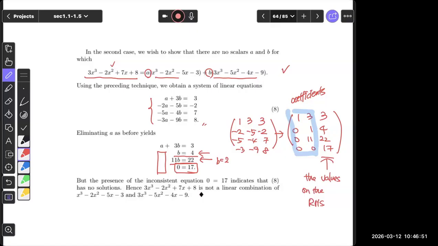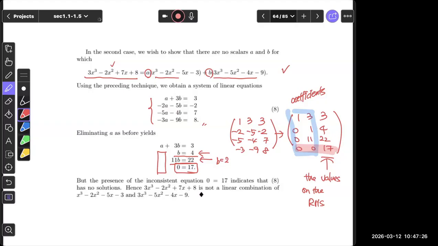After some row operations, if some row becomes this shape, zeros in the coefficient area and some non-zero value on the right-hand side, then we have a problem. We get a contradiction, and in that case, there won't be any solution.